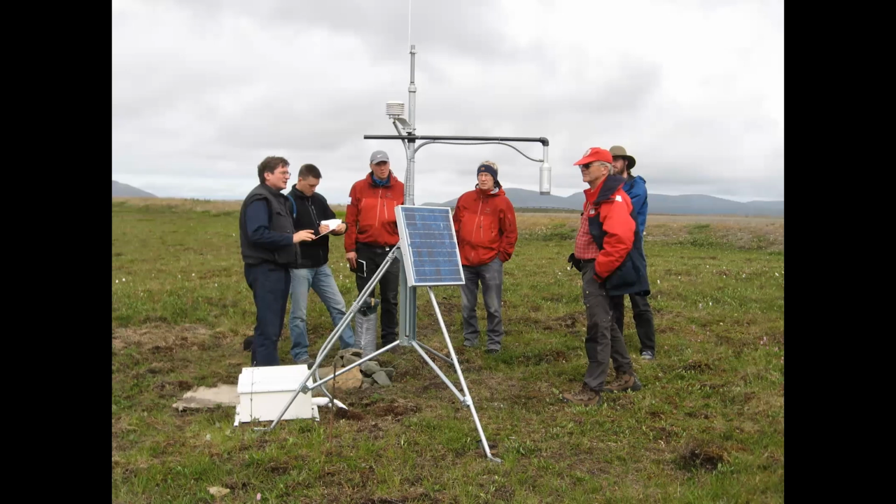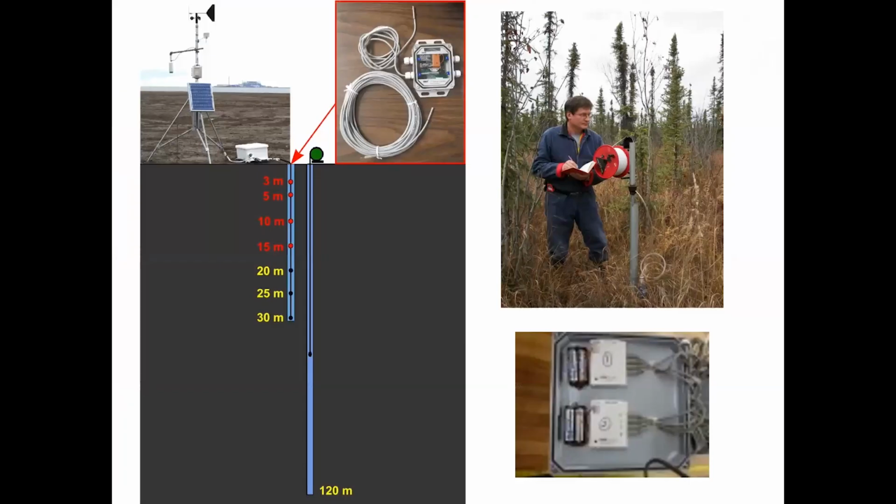We also have air temperature, snow depth, and temperature in the shallow 1 meter depth every 10 centimeters, snow surface temperature, and unfrozen water content in the active layer. That's for the sites that have this kind of set. The other sites just have a borehole, and I measure it manually once a year.